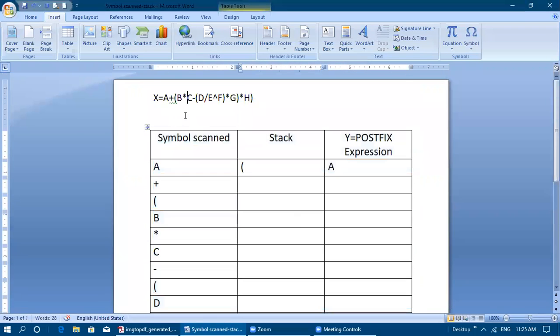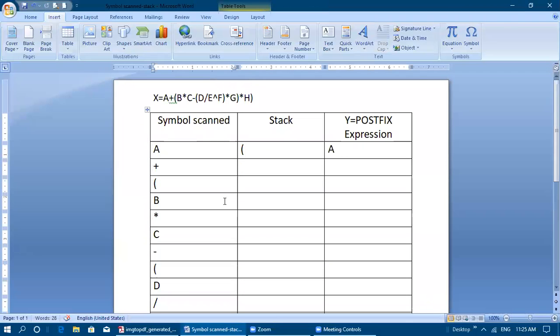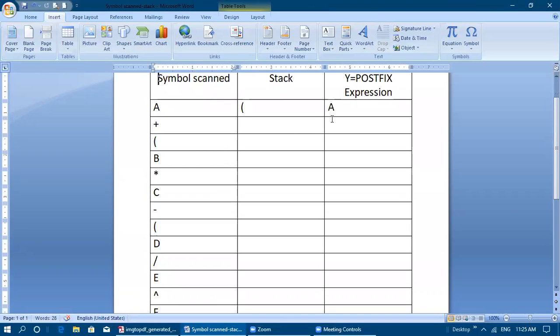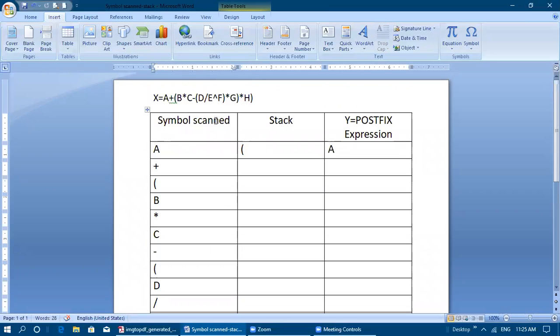So now let us see this implementation, infix expression to postfix using stack. Initially opening parenthesis, according to the algorithm, is pushed into the stack, and you need to recall all the steps we have learned in the algorithm while you are implementing this given expression using a stack.